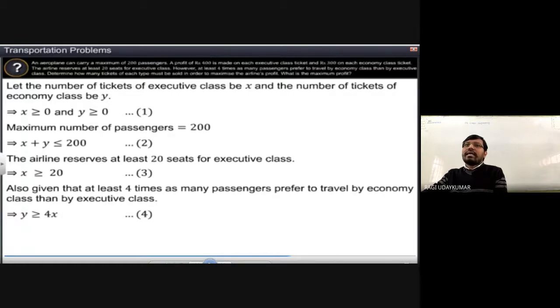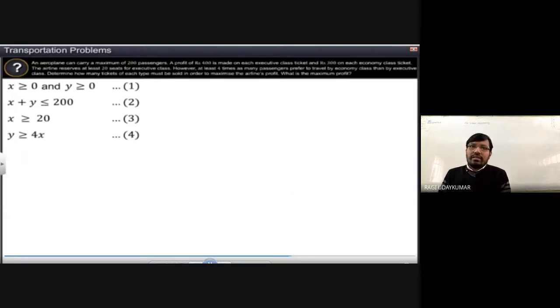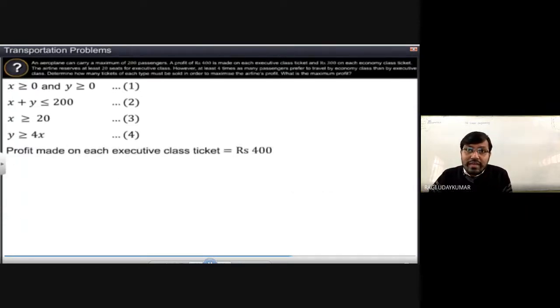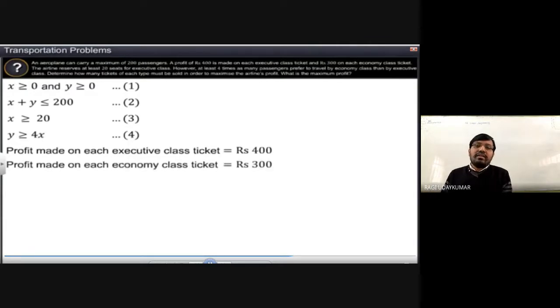So here the condition you are going to get is y greater than or equal to 4x. In these problems, wherever it says at least, you should concentrate on that condition. If you understand the situation, then it is easy.